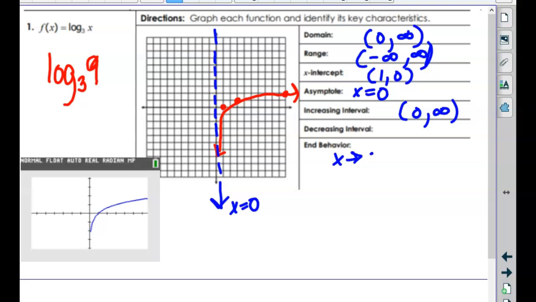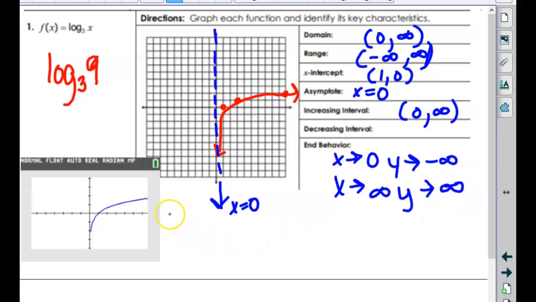As you get closer to 0, the y values are getting more and more negative. As x gets incredibly big, the y values are also getting bigger. Okay? Any questions on any of those properties? X doesn't ever go towards negative infinity because it can't be negative.